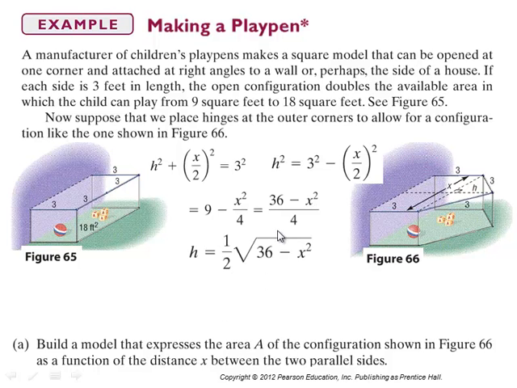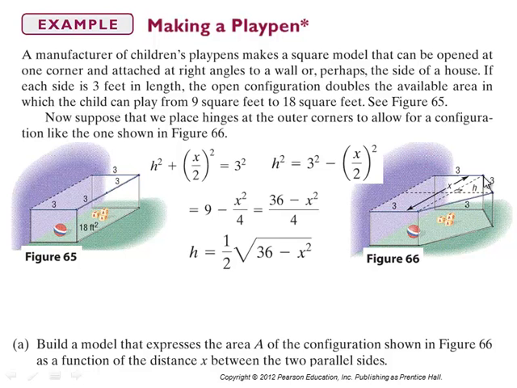Then if you take the square roots of both sides, and remember h is positive, h is going to be equal to the square root of (36 minus x squared over 4). But the square root of the quotient is the quotient of the square roots. You get the square root of (36 minus x squared) over the square root of 4, which means you're dividing by 2. So this expression right here is the height as a function of x.